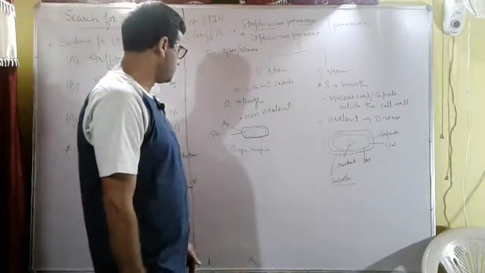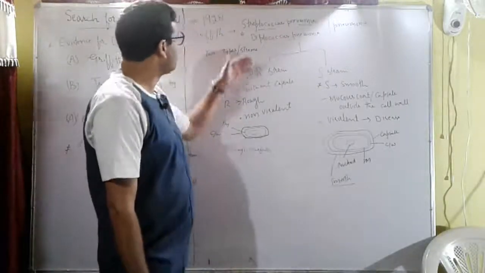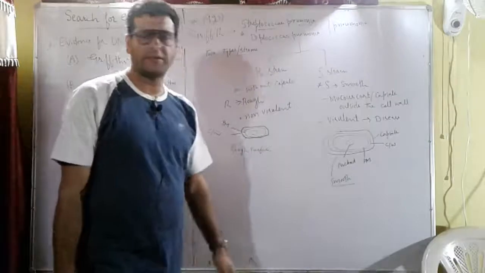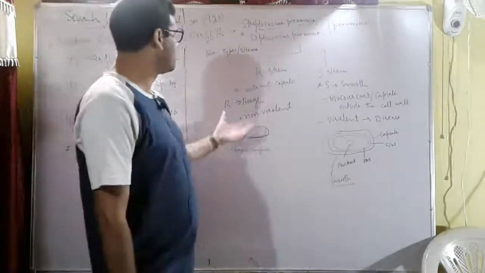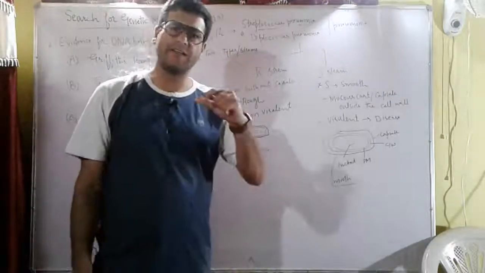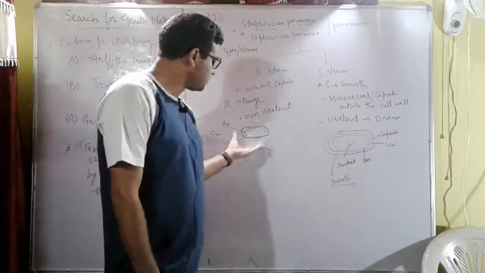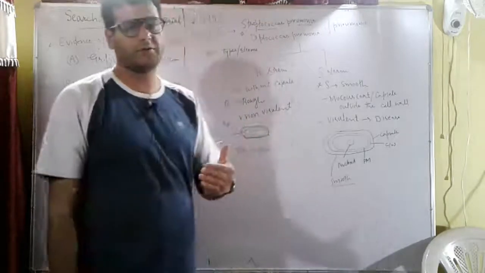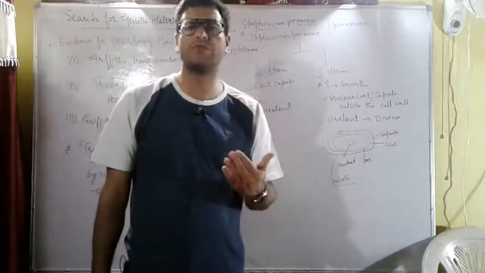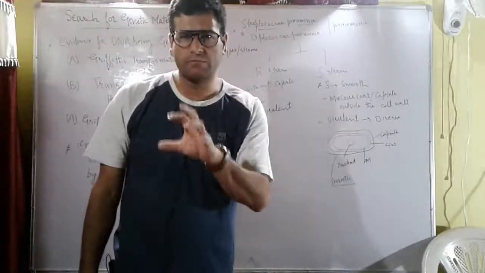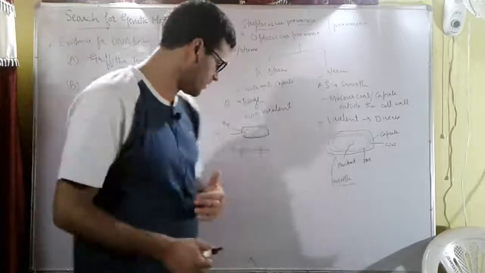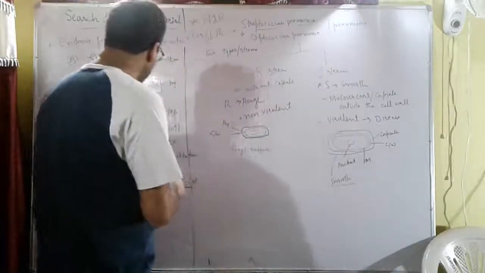Now Griffith experimented in 1928. He experimented with Streptococcus pneumoniae, and he injected two different strains of Streptococcus pneumoniae into the mouse, and then observed the results.